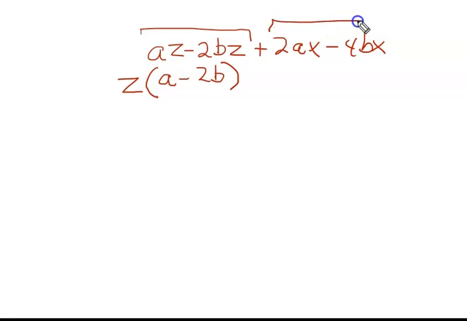Now, what can I factor out of the next two terms? Well, we said there was a common x here, and there's also a common 2. So plus 2x, and now I'm left with an a minus 2b.